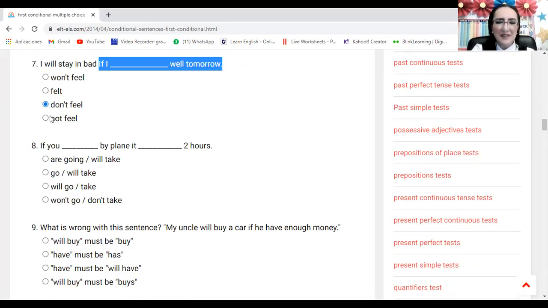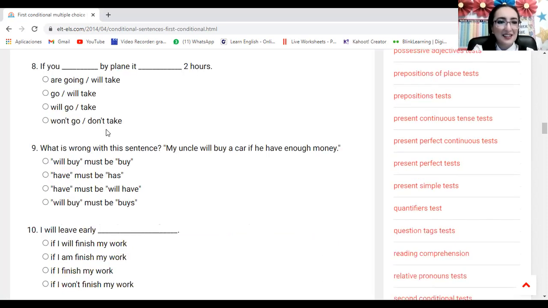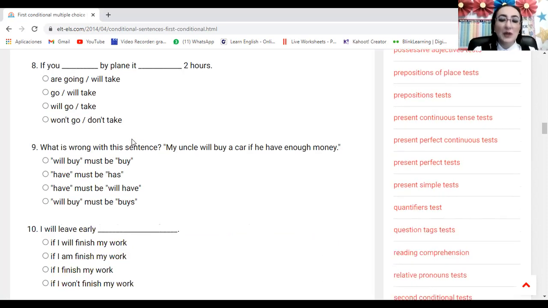If I not feel, no, that is not correct. If I felt, it is in past. If I don't feel, that is the correct one. If you go by plane, it will take 2 hours.